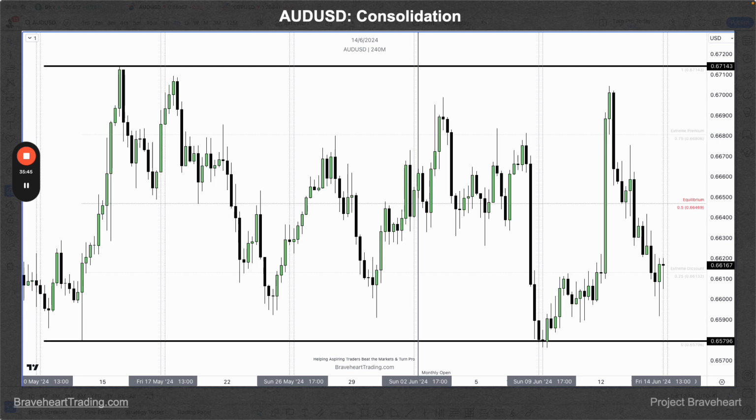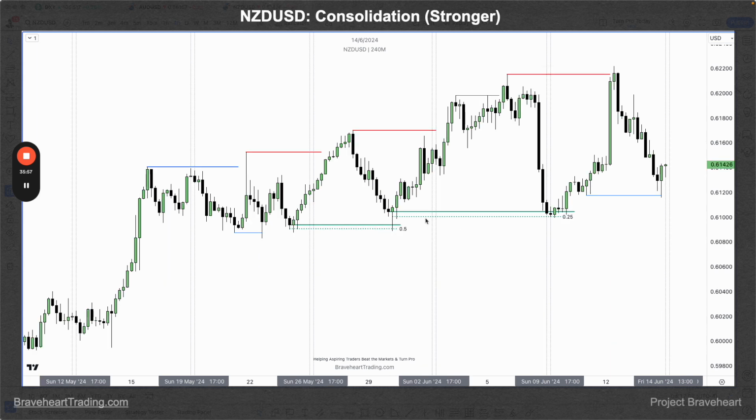And here we have Aussie dollar USD consolidating. You can see how it's staying stuck within the inside bar range here, not running highs, and just staying stuck range bound for a while. And we can see here NZD USD is clearly stronger because it's breaking, that should be red, it's breaking the highs here. Okay, and still in a consolidation type pattern, you can see consolidations love to hold the rejection block and wick CEs here.